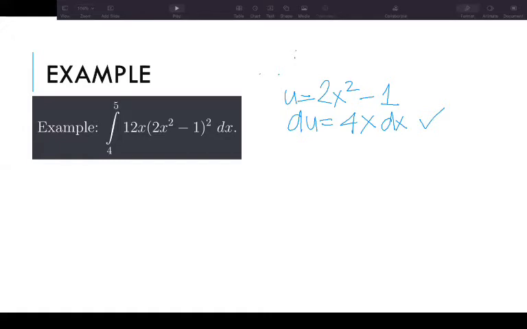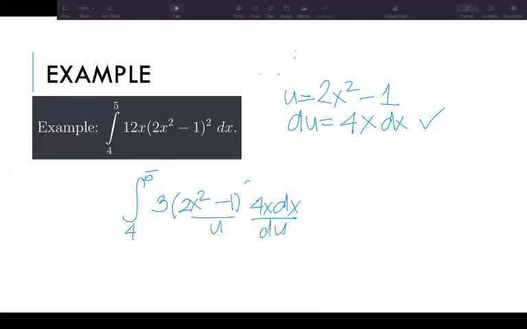Do we have a 4x dx here? Yes. So this clearly works. So we can factor out the 4x from 12x to have 3 multiplied by 2x squared minus 1, 4x dx. And this will be our du. And this will be our u.